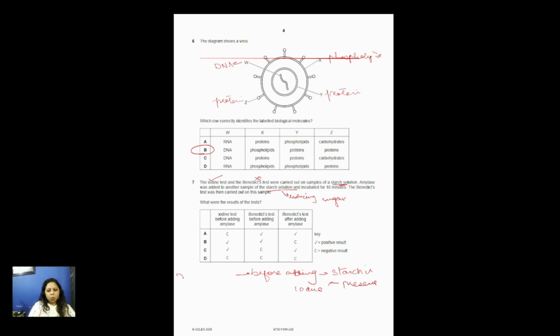This means no amylase, means starch, and iodine test is positive. So it can be B or C. Benedict test before adding amylase, it would be negative. Definitely it would be negative. And Benedict test after adding amylase, it would be a positive result. So the answer is C.